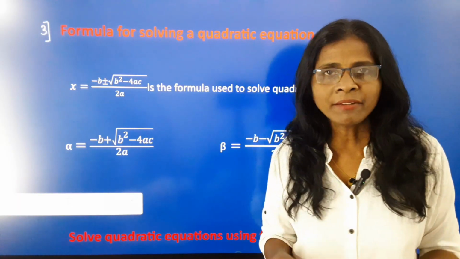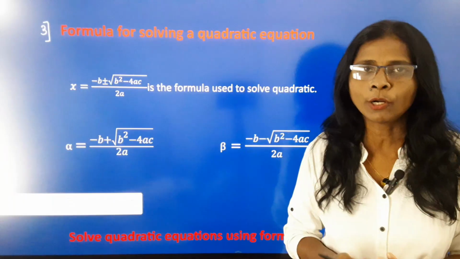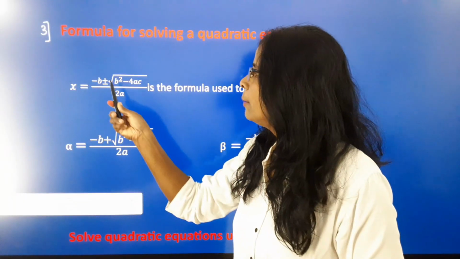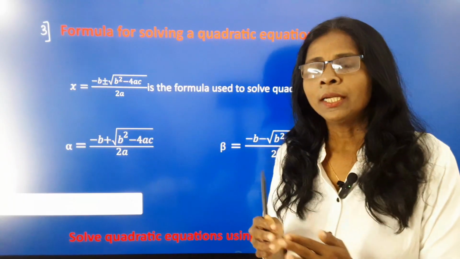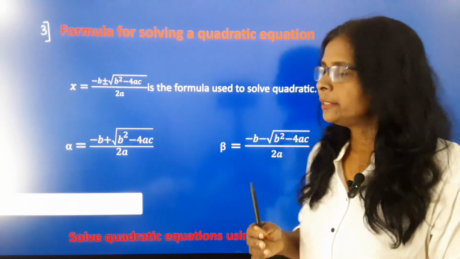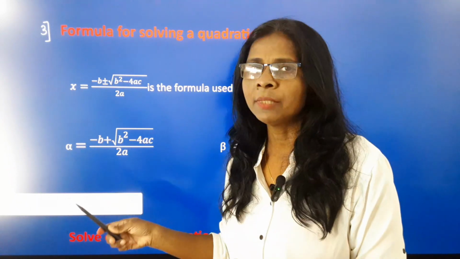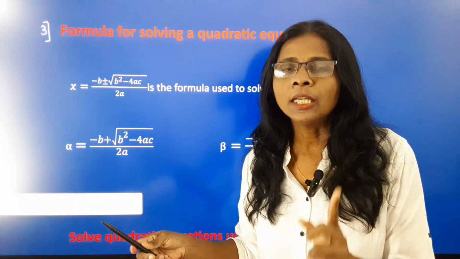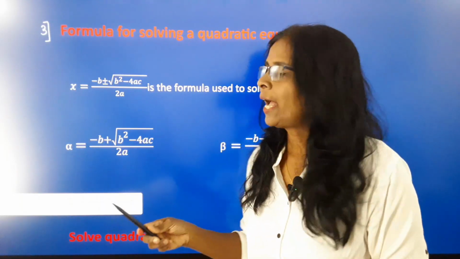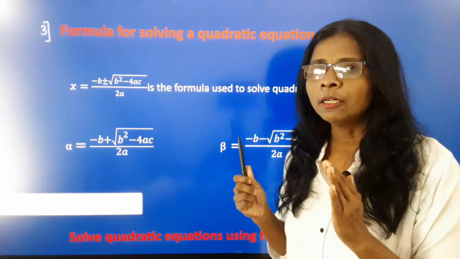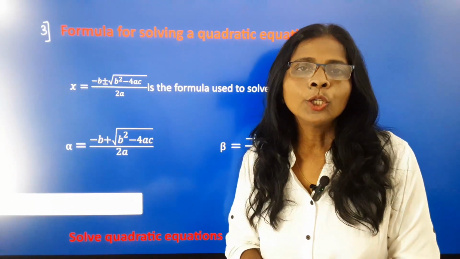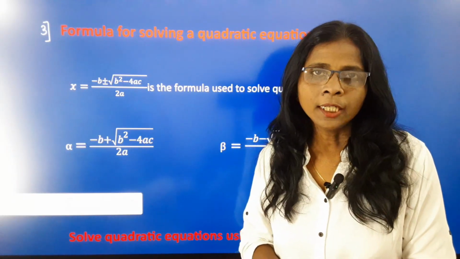And after bifurcation, we have two formulas. That means here the plus or minus sign, so we bifurcate the sign. Then our formula becomes: alpha is equal to, alpha means the first root of the given quadratic equation, and beta means the second root of the given quadratic equation.